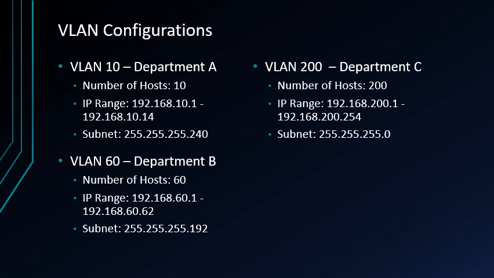And for VLAN 200, Department C, the number of hosts was 200, the IP range was 192.168.200.1 to 192.168.200.254, and the subnet was 255.255.255.0.